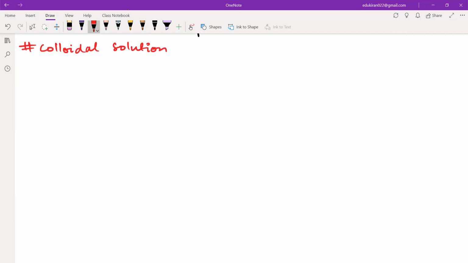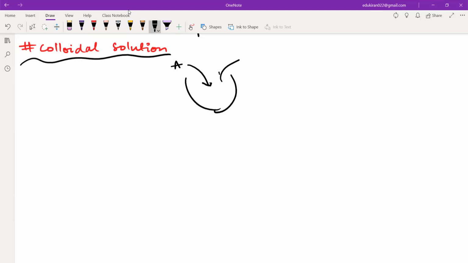Now, in this topic, what we are going to deal with is what happens when we add something into a solvent. So we have some solvent, and what happens when we add A or when we add B? So when different things are added in a solvent, what happens? I will start this with a question. Here three things can happen.